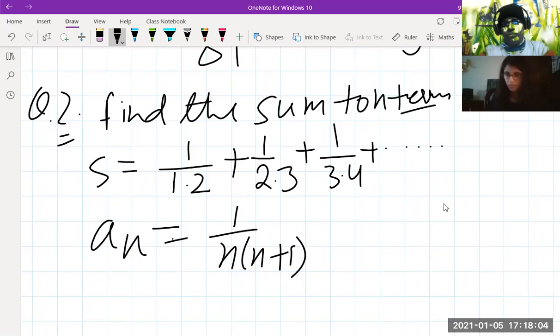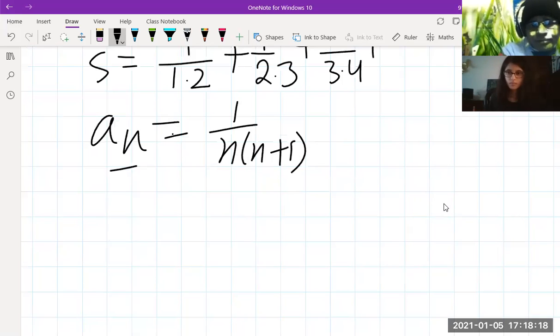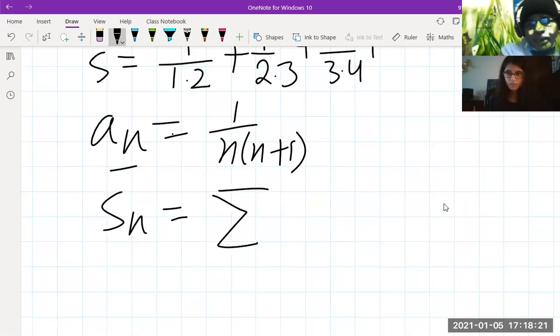So what we do, we first find the nth term. Then we write it in this way: Sn equals to sigma an, where k equals to 1 to n.